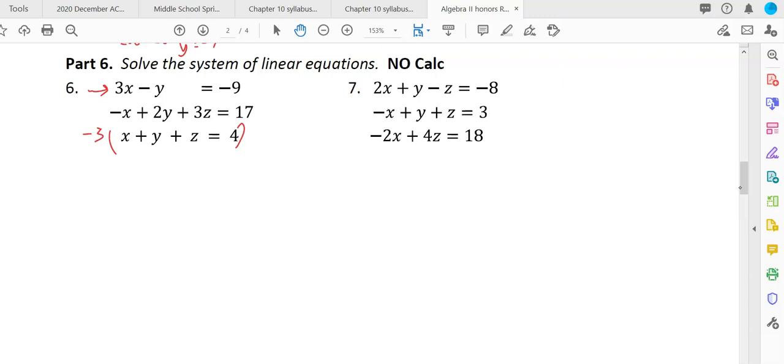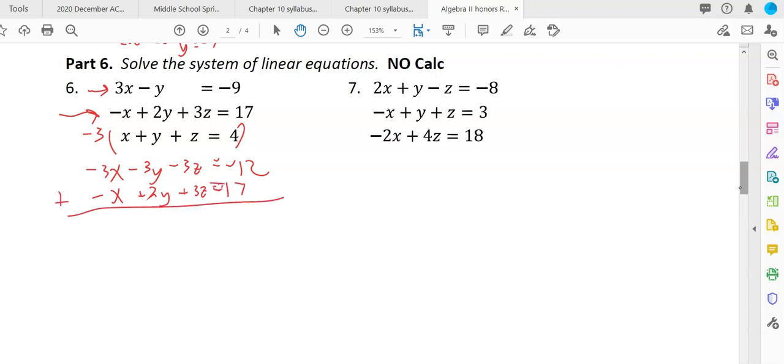If I do that, I get negative 3x minus 3y minus 3z equals negative 12. I'm going to take this equation, put it down below, so it would be negative x plus 2y plus 3z equals 17.